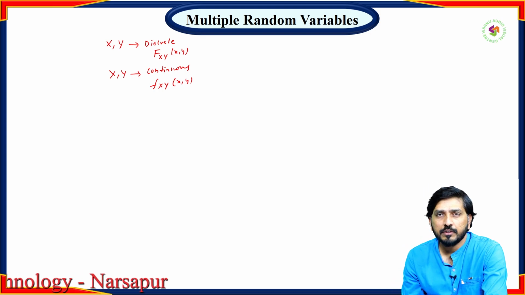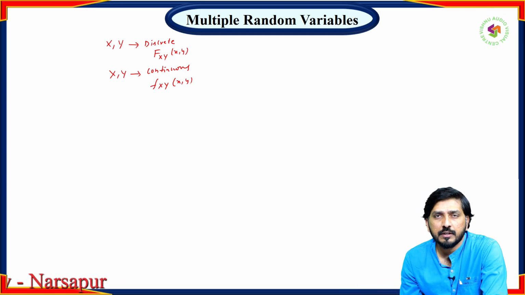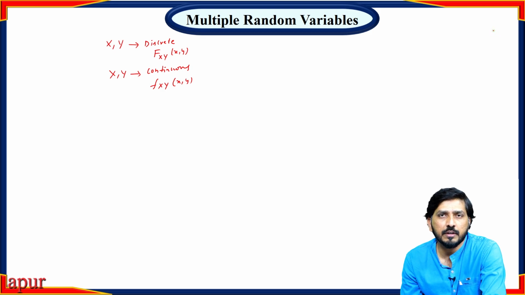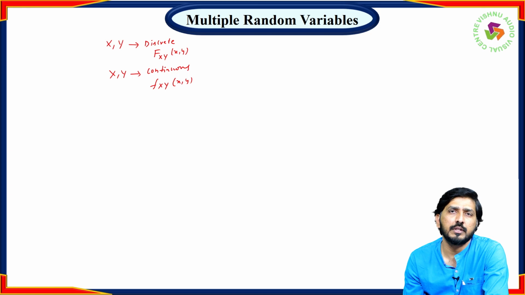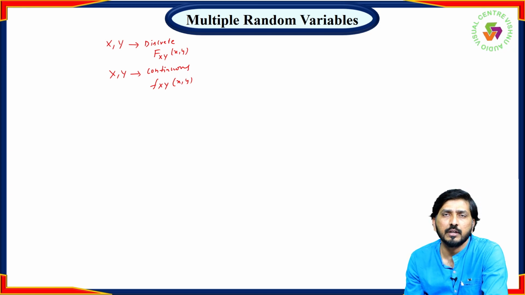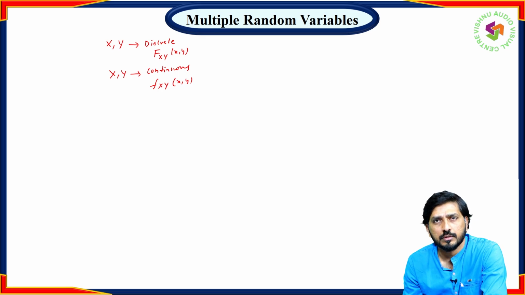We have already seen this for a single random variable, the density function. Now we will apply the same concept, density function, for two random variables which are of the type continuous.